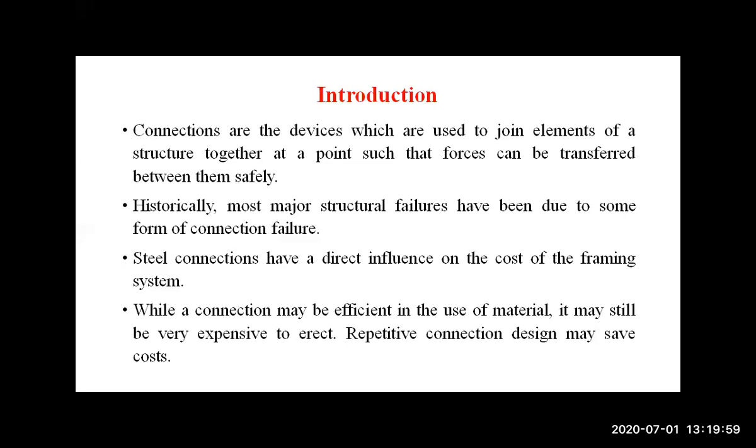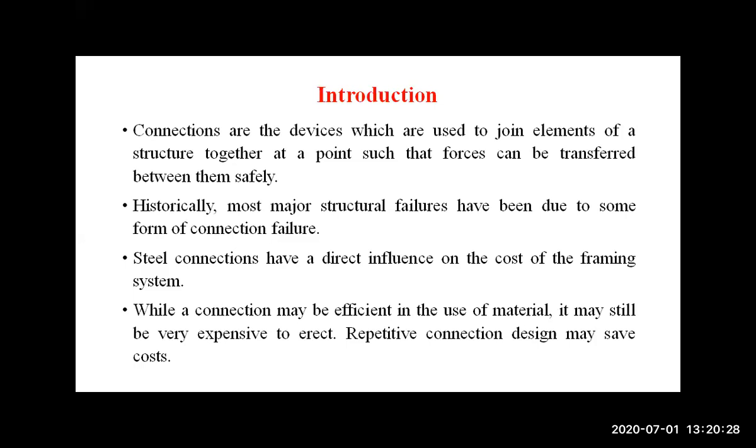So we have to take care while designing all the connections. We have to take care of the proper design of connections, meaning whether the number of bolts is sufficient for a particular joint, or whether the length of welding for a particular joint is sufficient or not. That we have to design in this unit number 2. Now unit number 1 was related to the theoretical part of our subject. In unit number 2 we have started the procedure of design.